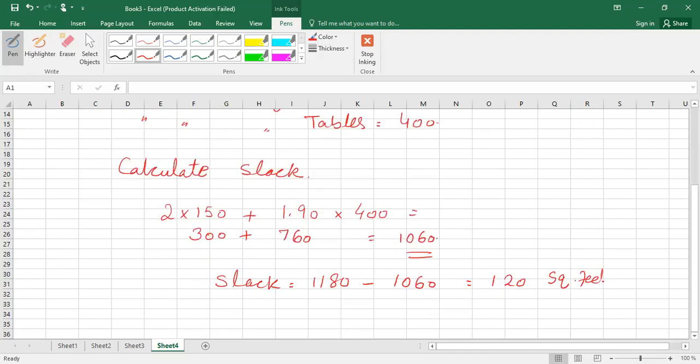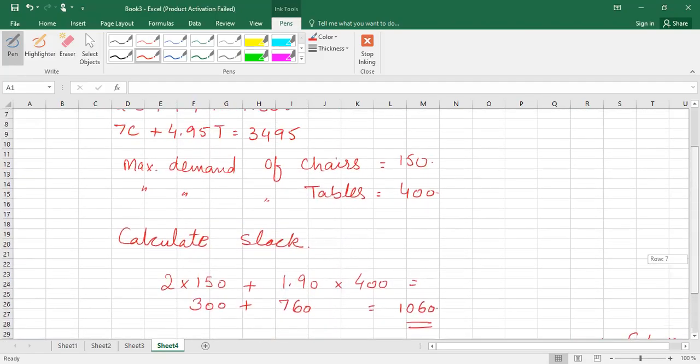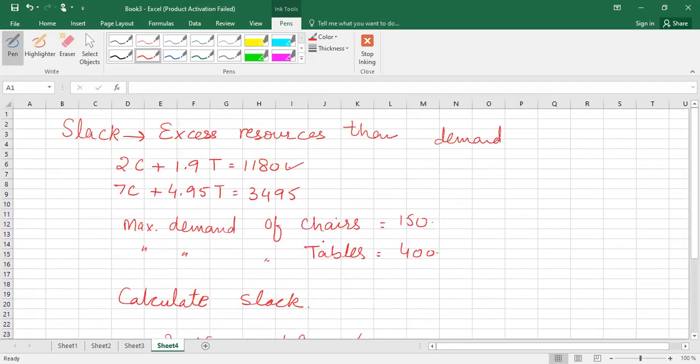That is the slack of fabric, meaning 120 square feet of fabric is available in excess. This is called slack. Suppose we want to calculate the other equation.